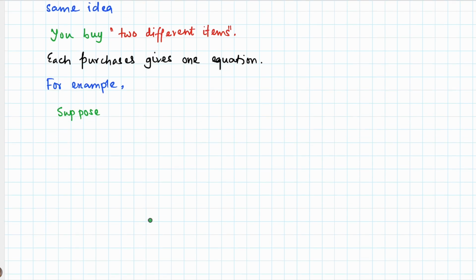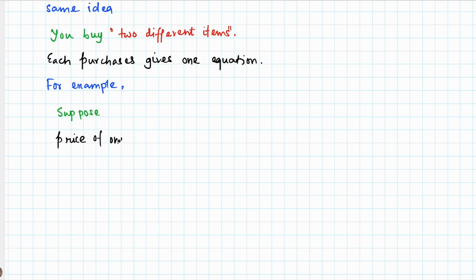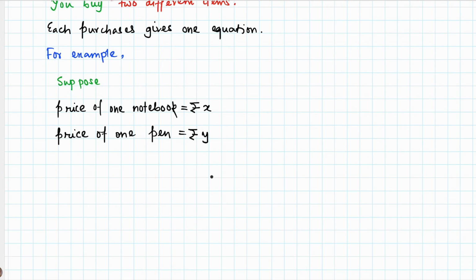For example, suppose the price of one notebook is say rupees X and price of one pen say equal to rupees Y. So these are two different items. So we are setting the variable X to the price of one notebook and Y to the price of one pen.